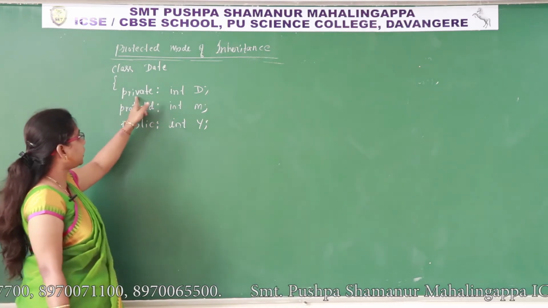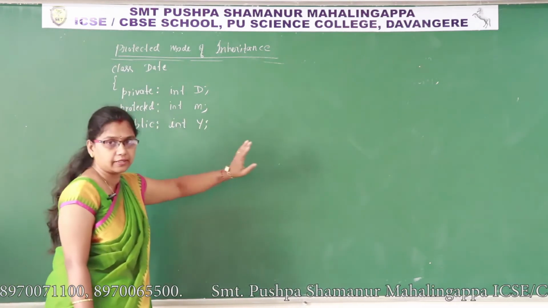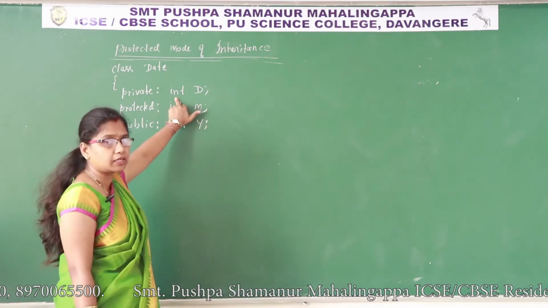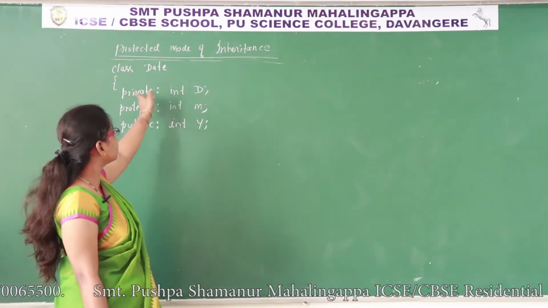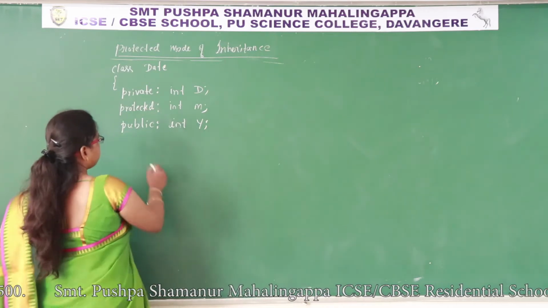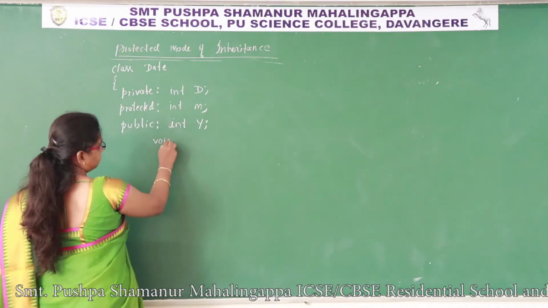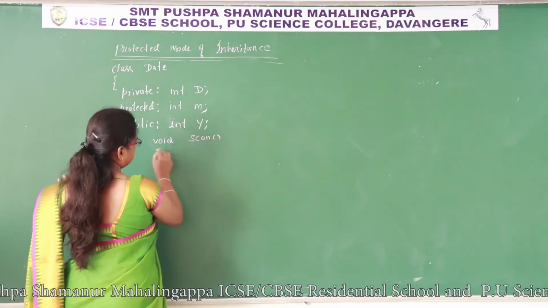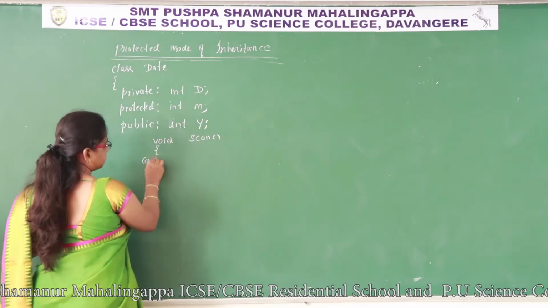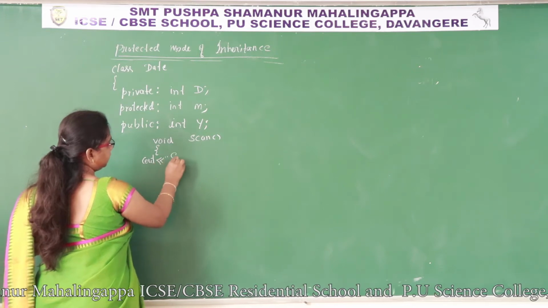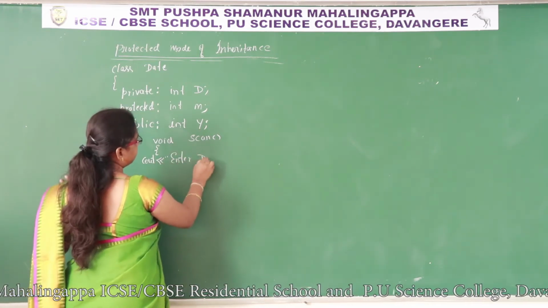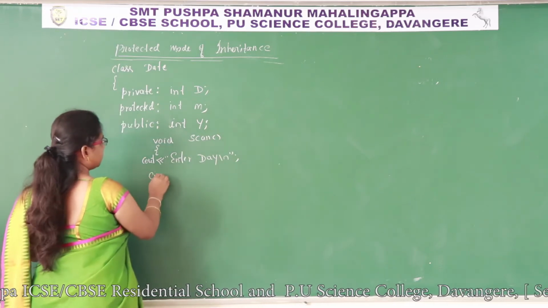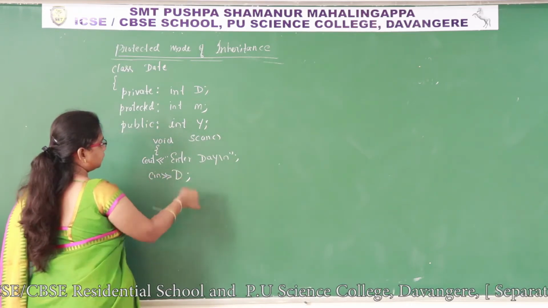So you all know private members cannot be inherited. I want to access private data. Then how to access private data? Through the member function of this class. So I should take a member function here. Void scan, cout enter day, cin extraction day.